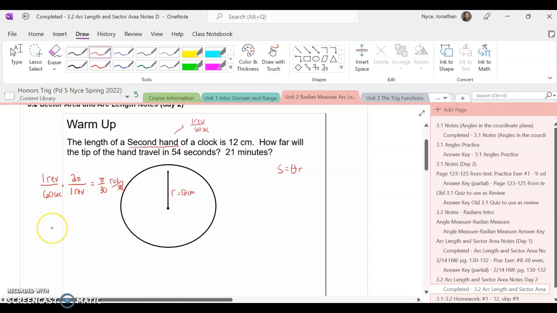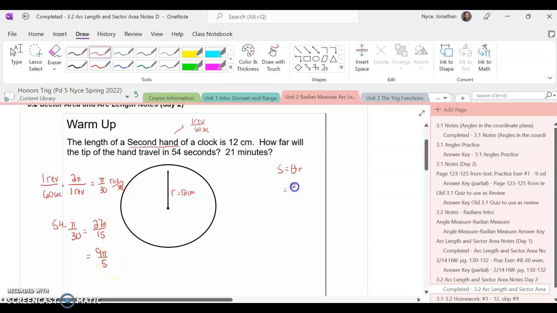If this is going to be happening for 54 seconds, 54 times pi over 30 is going to give us 27 pi over 15 if we divide each by 2, and if we divide by 3, that gives us 9 pi over 5. That's going to be our theta. In 54 seconds, the second hand will go through 9 pi over 5 radians.